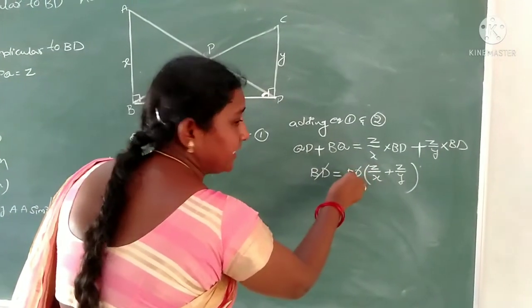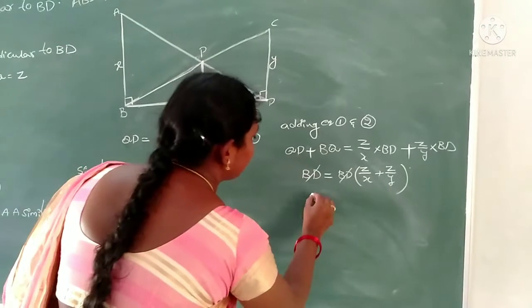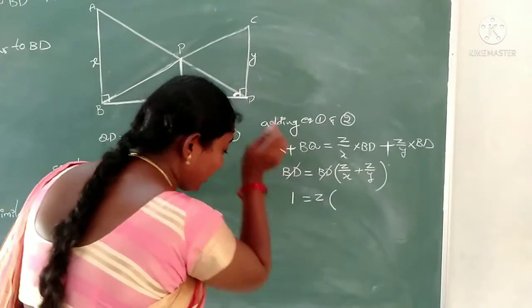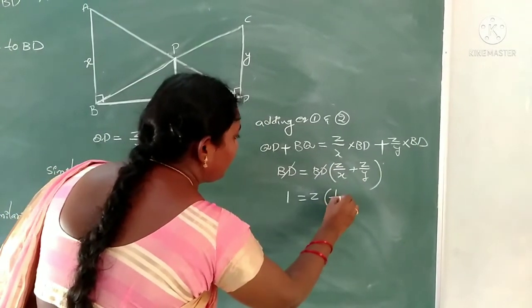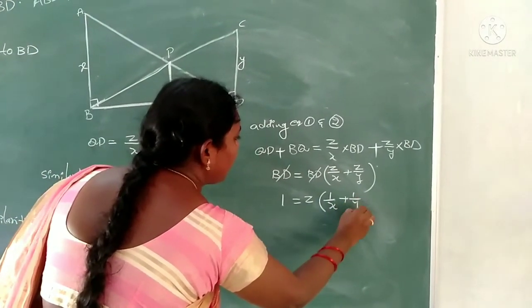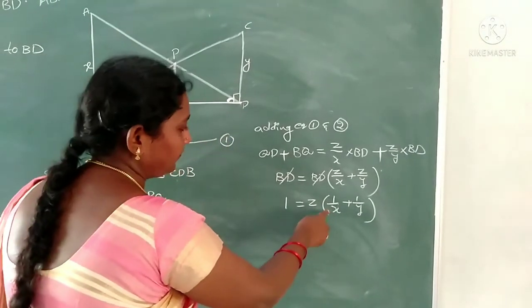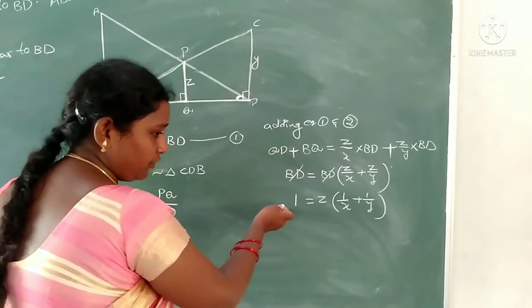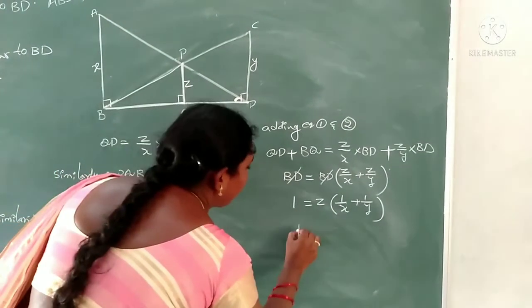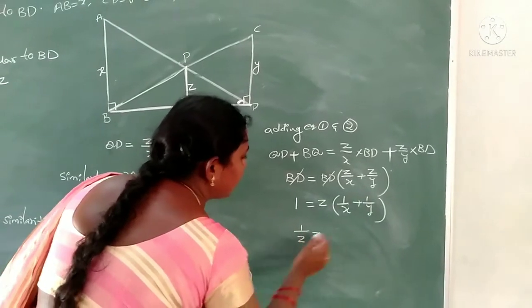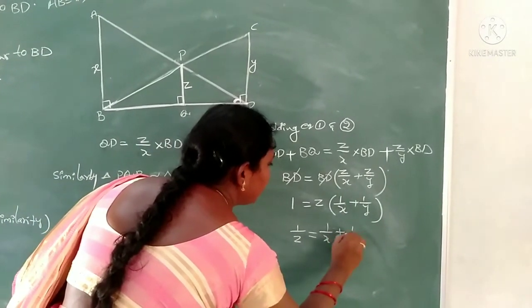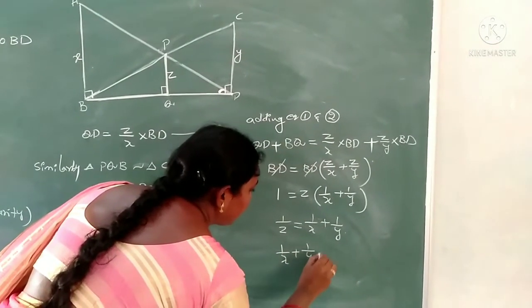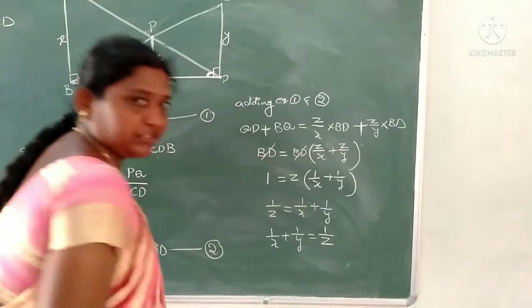Moving z to the left side, 1 by z equals 1 by x plus 1 by y. So 1 by x plus 1 by y equals 1 by z.